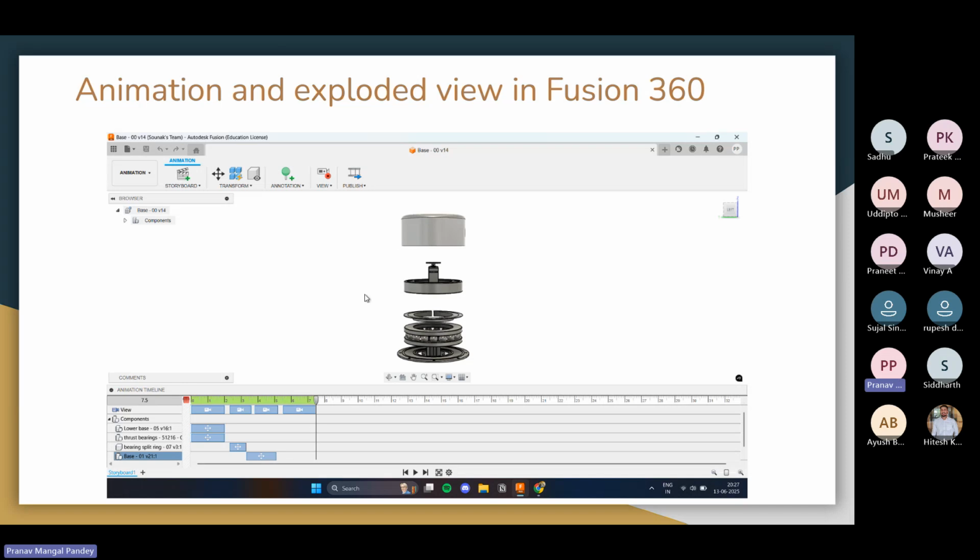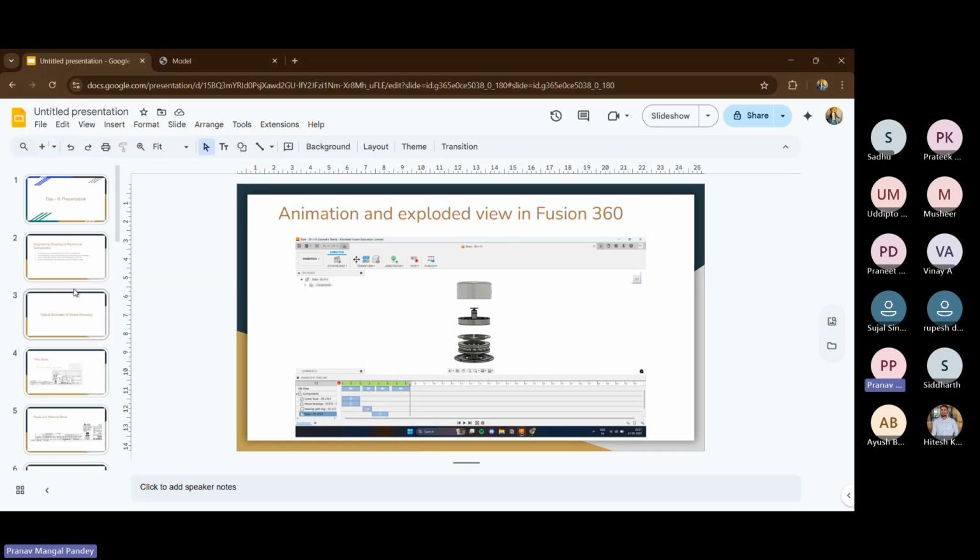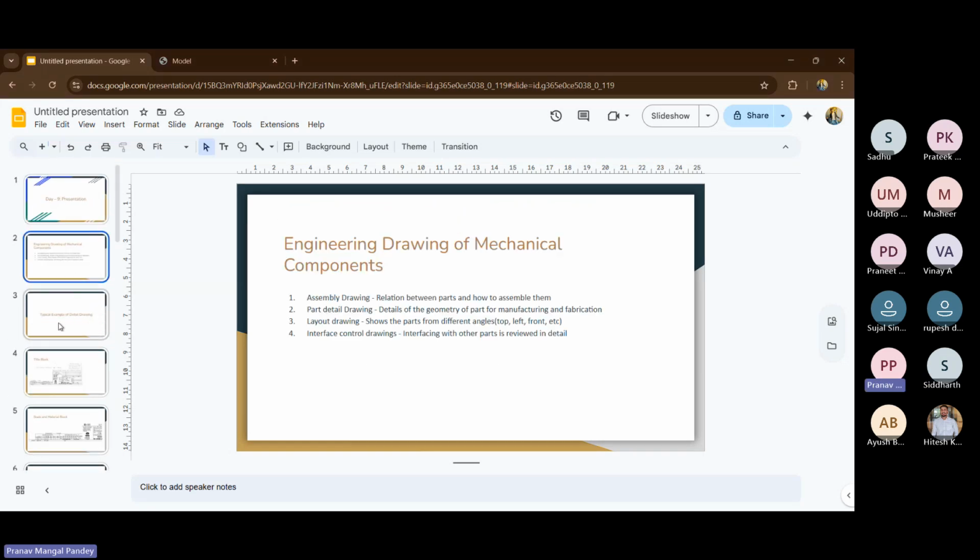So this can be an example, although this is not in the form of a drawing, but if you make a drawing for this, obviously that will be an interface drawing. Am I making it clear, or is it making it more confusing? Let me show you this.